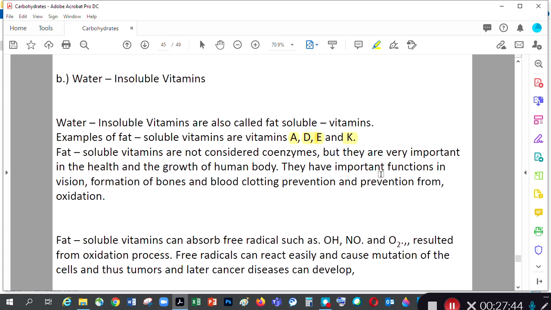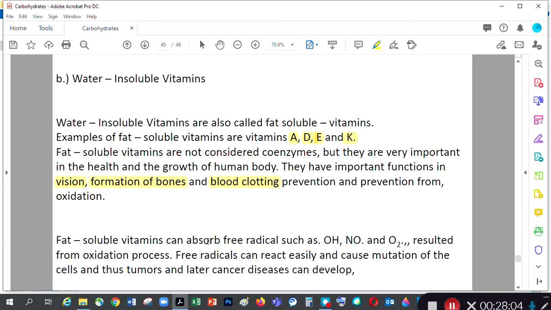They have important functions in vision, as vitamin A, formation of bones, vitamin D, blood clotting prevention, vitamin K, and prevention from oxidation.